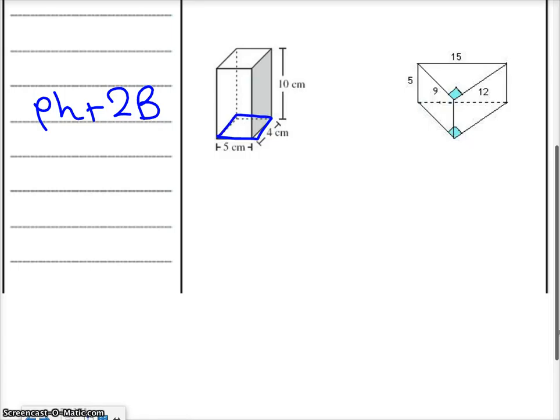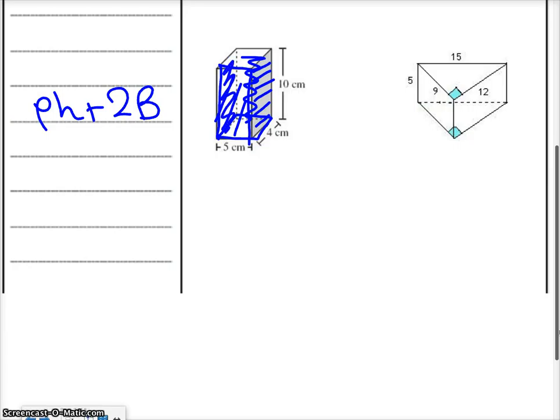Now what happens when I times the perimeter of the base times the height? Well, I get this, right? That'll give me that outside, that front. I get this, right? 4 times 10. I get that back, and I get that other side.